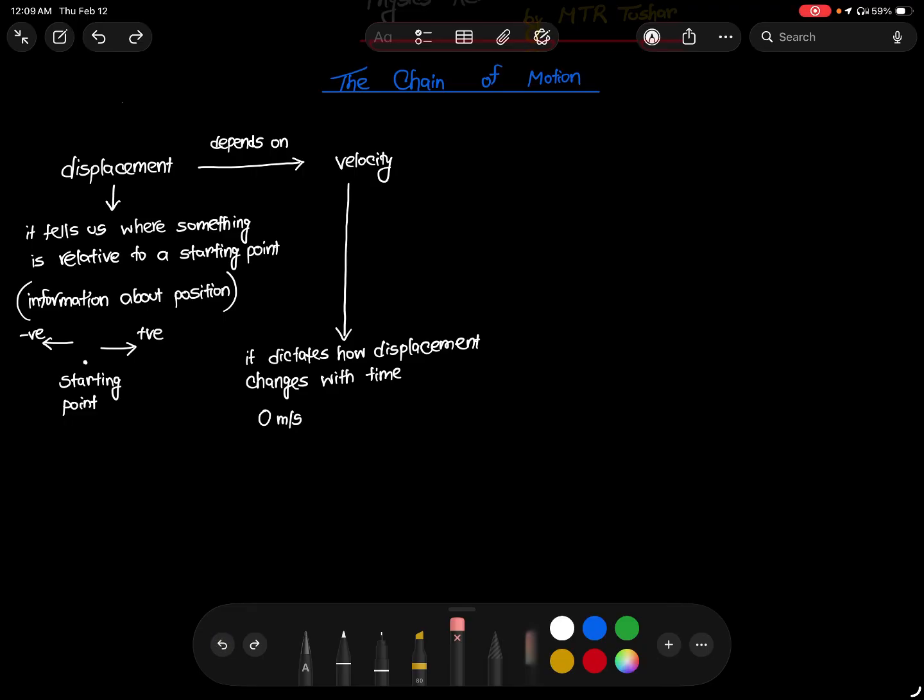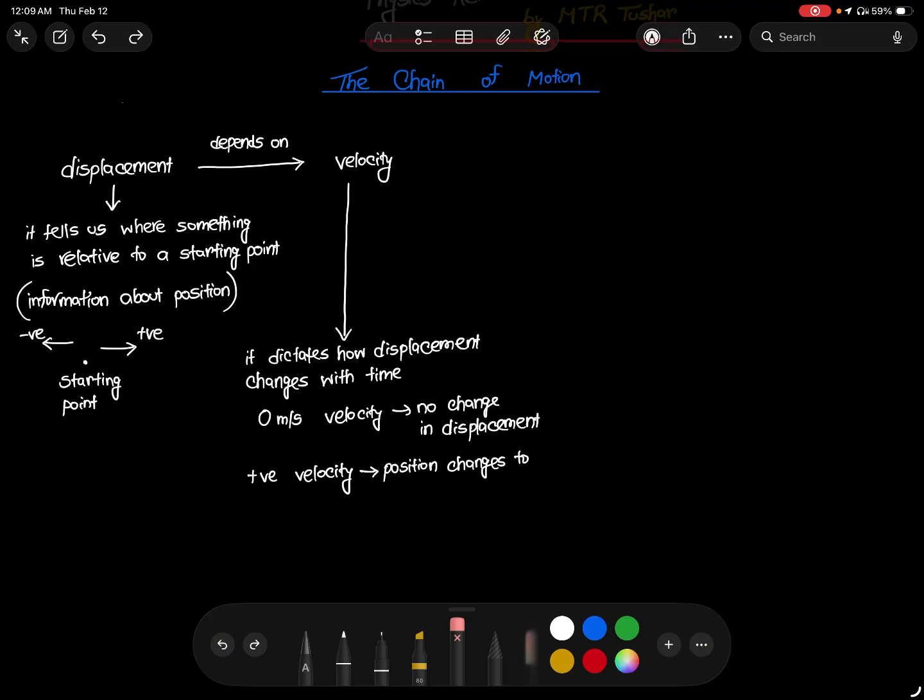For 0 meter per second velocity, there is no change in displacement, as in the object doesn't move, the object doesn't change its position, the object is at rest, the object is stationary. We have so many different terms to mean the same type of motion.